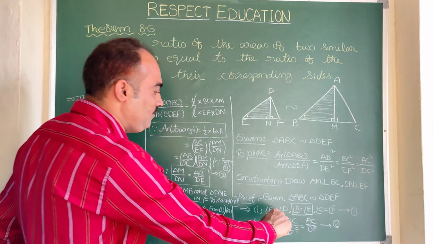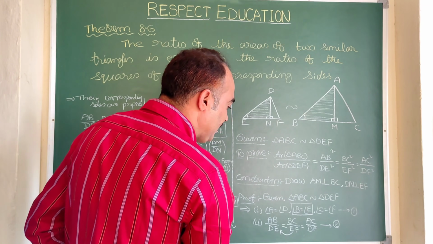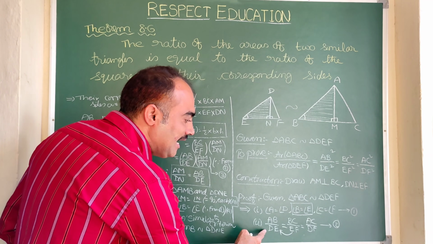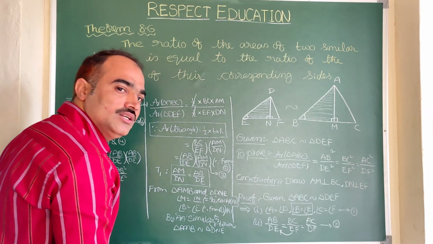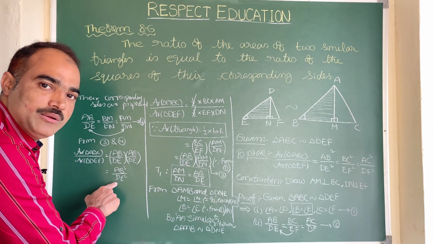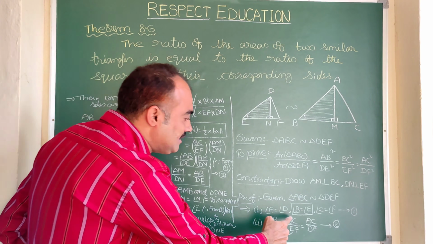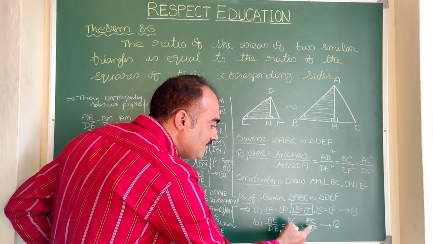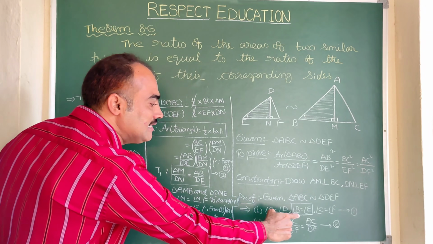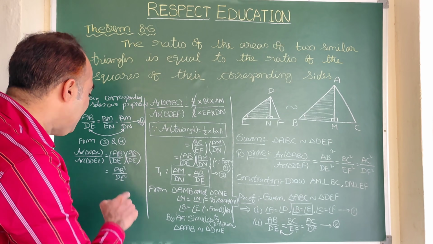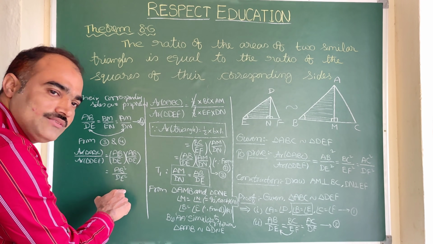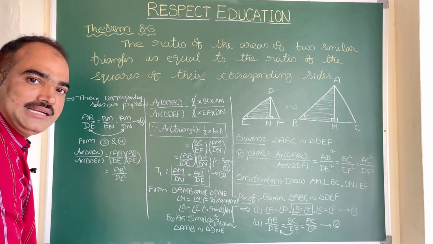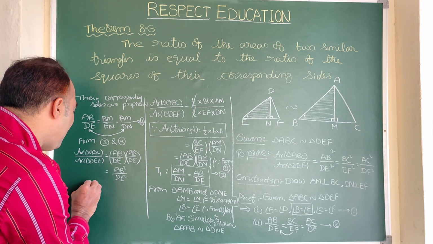Now observe equation 2. AB by DE can be written as BC by EF, so this also can be written as BC square by EF square. BC by EF can also be written as AC by DF, so this also can be written as AC square by DF square. So AB square by DE square can be extended through all the steps.